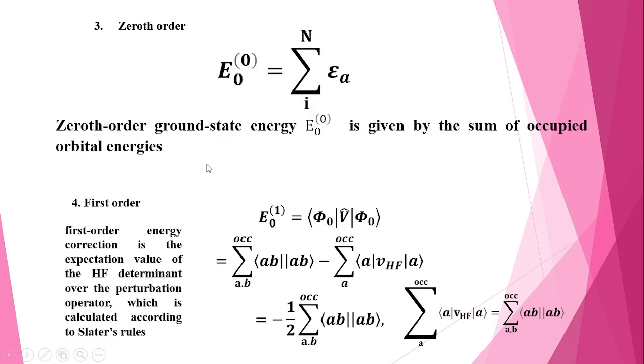Now suppose we take the first order perturbation. The first order perturbation is basically a correction, a perturbation operator, and this will consider the expectation values over the vacant orbitals, so E0 is just a correction. Now suppose we write this equation, and we will see how our Hartree-Fock energy and total energy will vary.